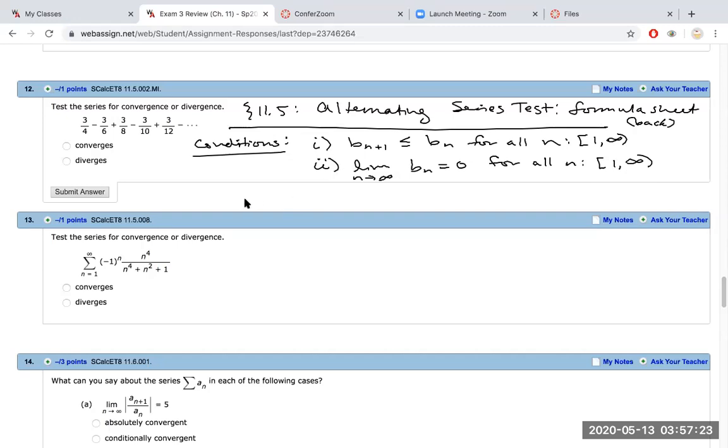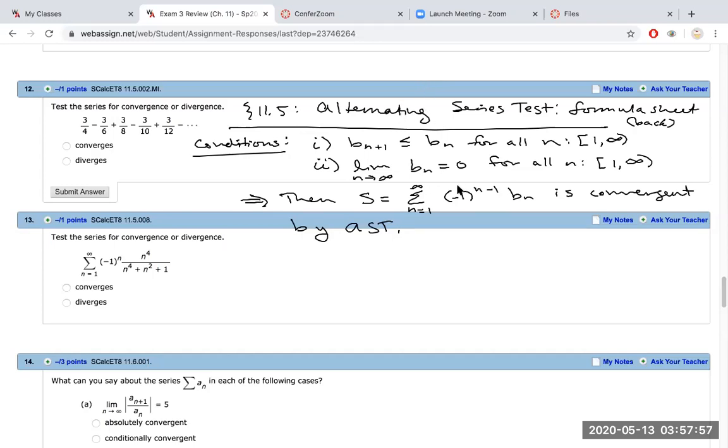If you have these two conditions, then your initial series, which will have a form like this, is convergent by AST. That would be fine to put for your conclusion.